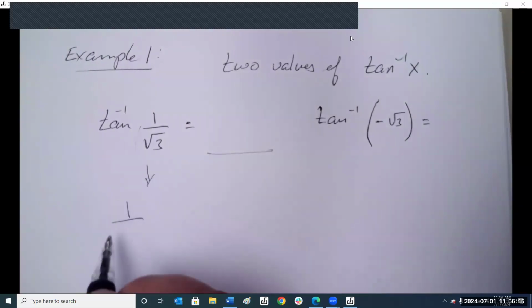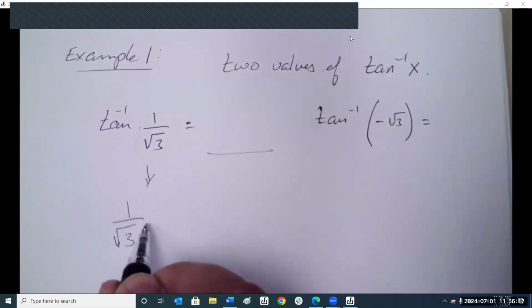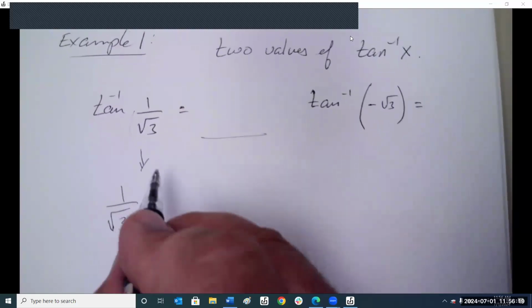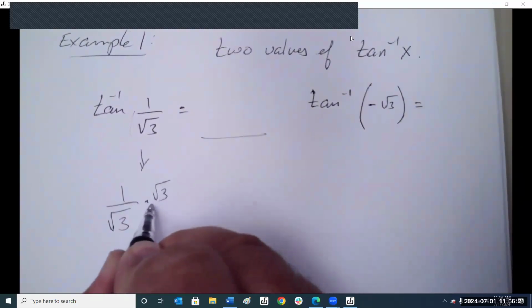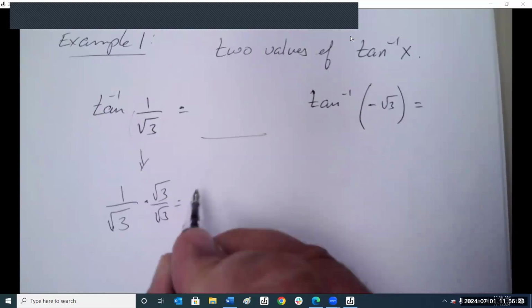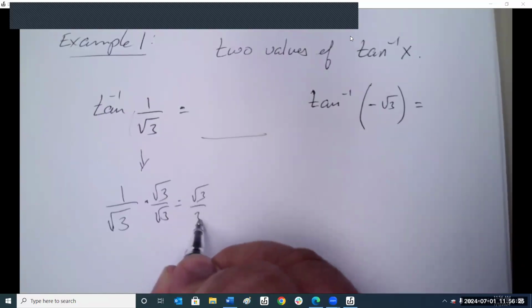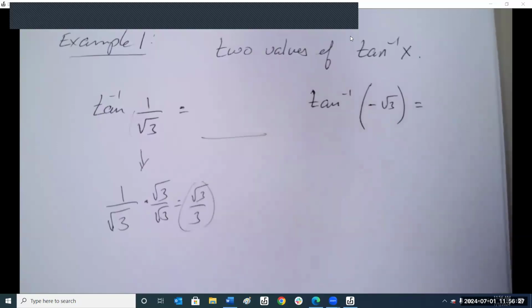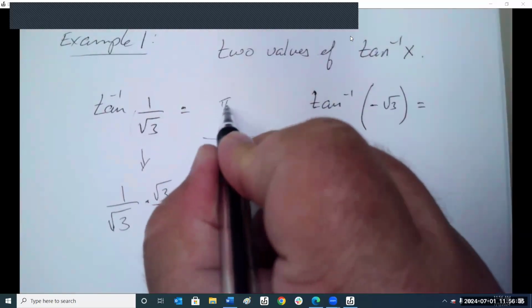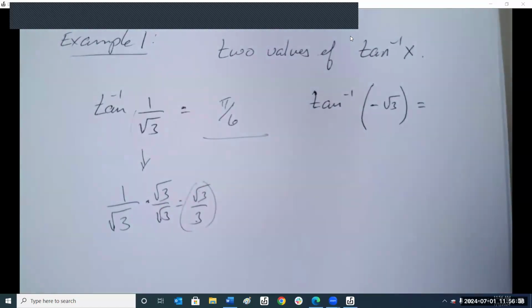How do you rationalize 1 over radical 3? So it becomes radical 3 over 3. That is what you'll find in your charts. So the inverse tangent of radical 3 over 3 will give you pi over 6.